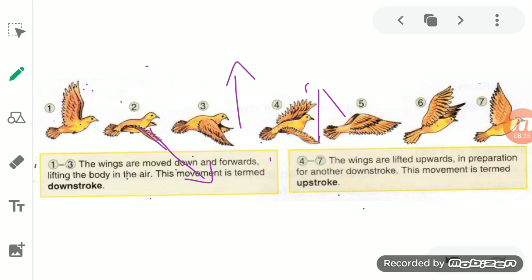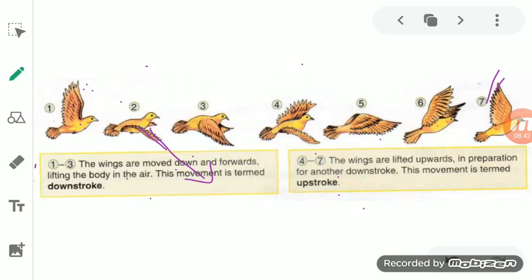In the upstroke, they move their wings from the lowermost position to the uppermost position, so they can repeat the downstroke. At the last stage of the downstroke, the bird's wings are at the lowermost position, so now the bird has to move the wings in the upward direction.